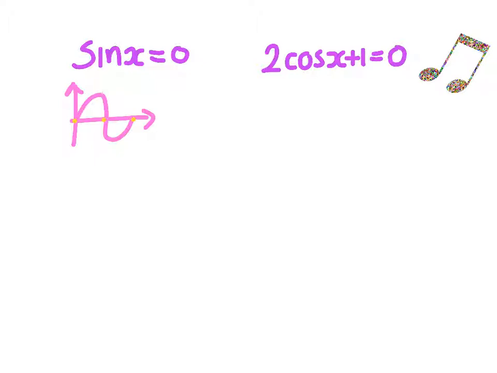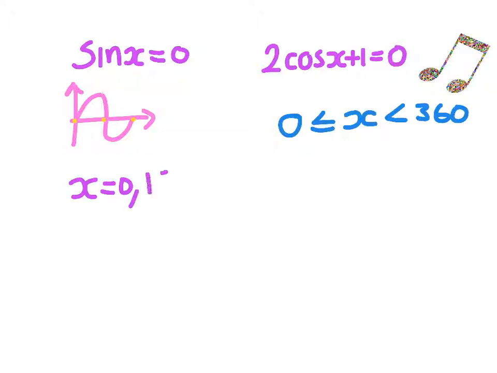And you'll see in your notes that we're told that x is greater than or equal to 0, and it's less than, but not including, 360. Now the 3 times that this graph is at 0 are 0, 180 and 360. 360 is not included in our domain, so the solutions here are x equals 0 or 180.